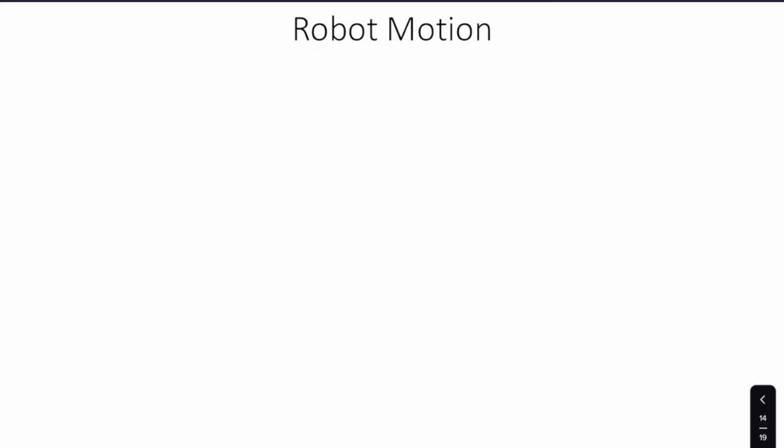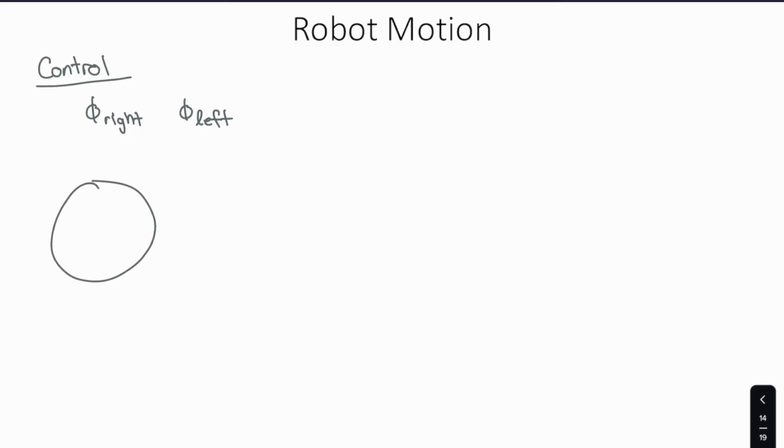We really just have control over two quantities. And I'll call those phi right and phi left. And those are going to be the angles of deflection for the two wheels.